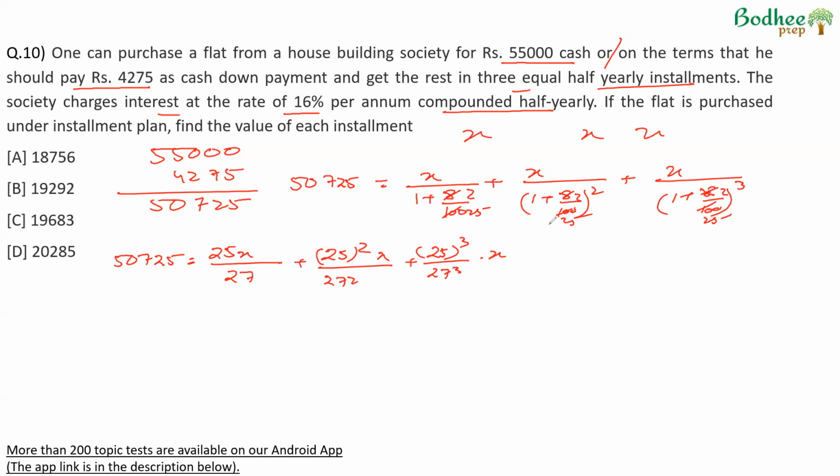Now, if we multiply throughout by 27 cube into 25 cube, will 25 cube be needed? 25 cube is 625, 3125, 15625.